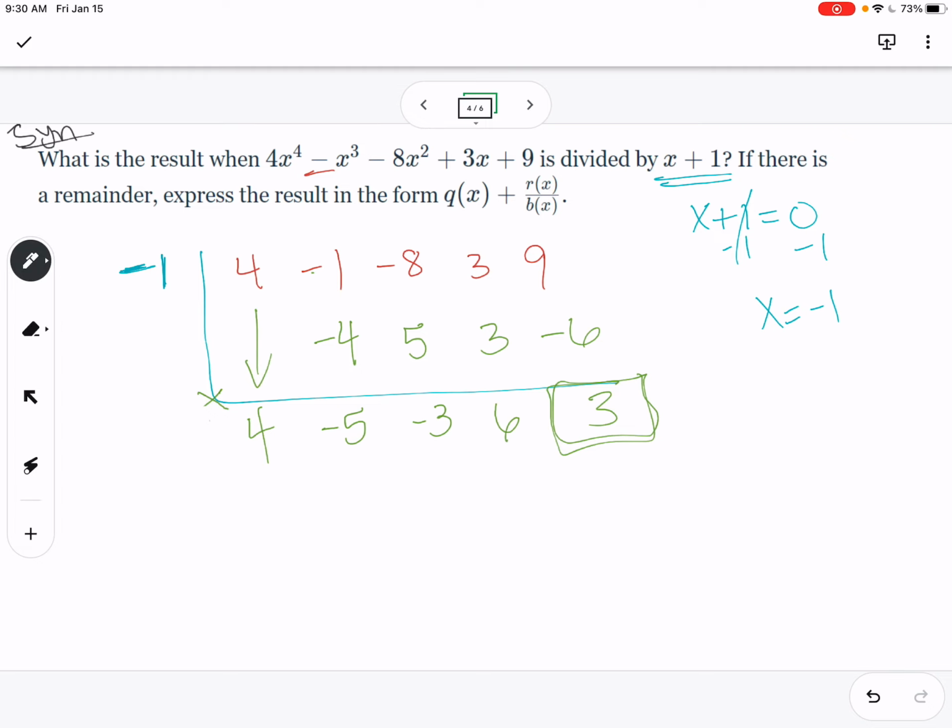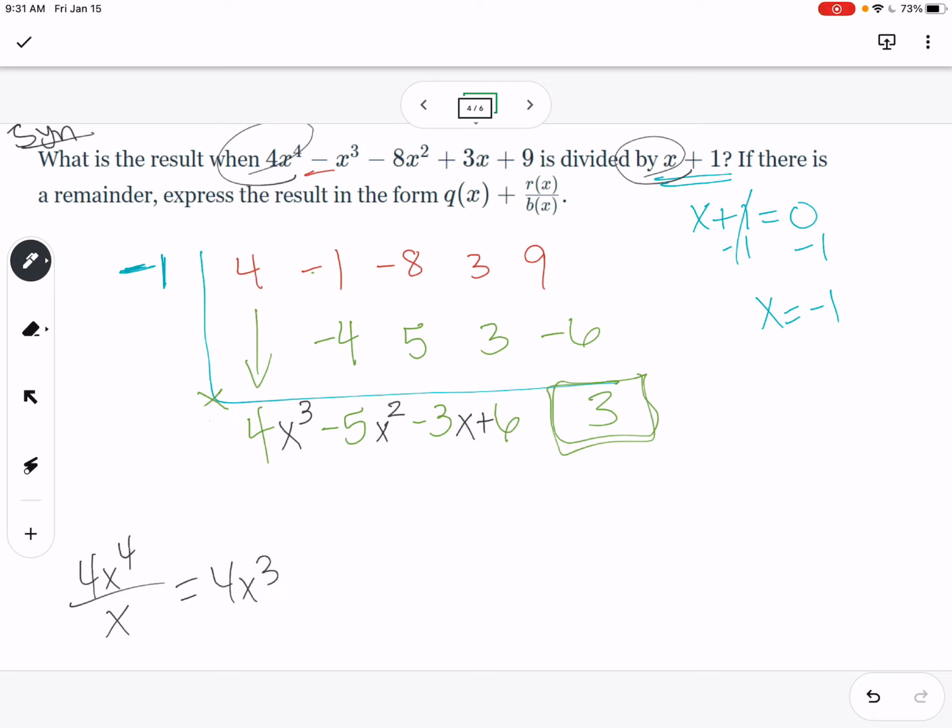We had a leading coefficient of 4x to the 4th, and we divided by x. My leading term of this new polynomial is going to be 4x to the 3rd, right? X to the 3rd is what we have here. And we decrease from there. X squared, x, and +6.